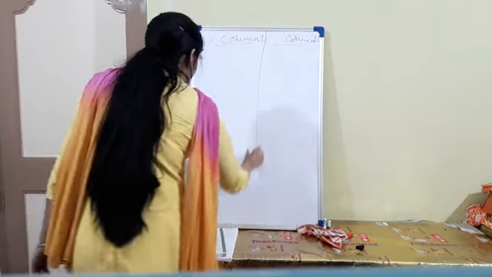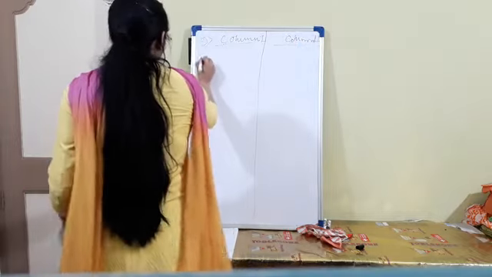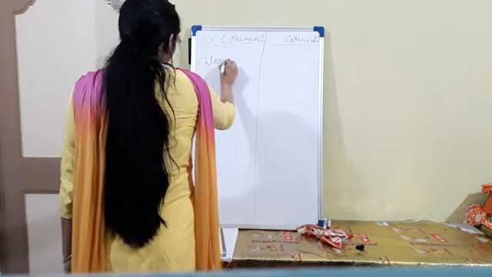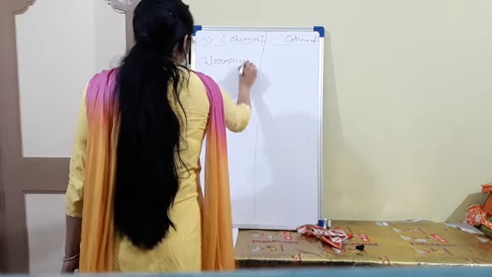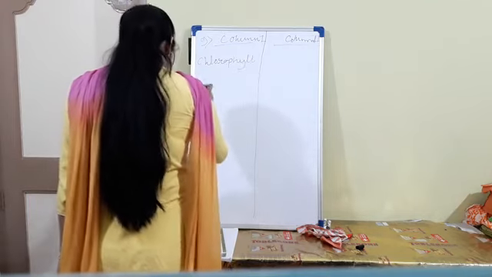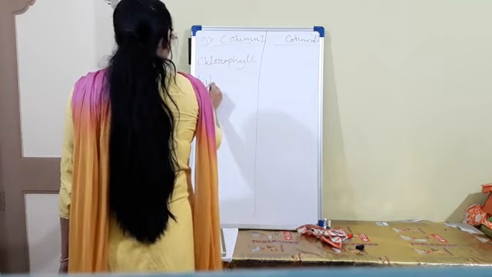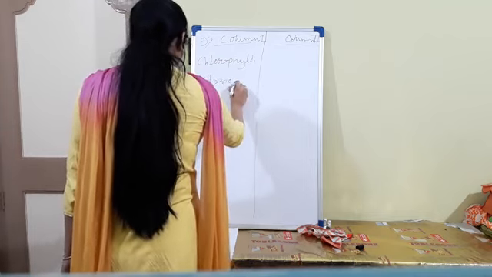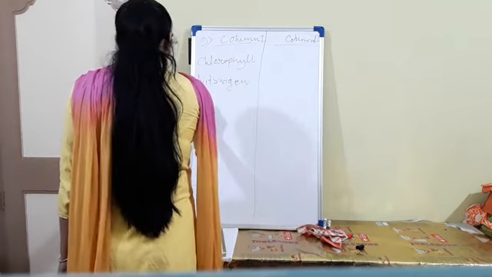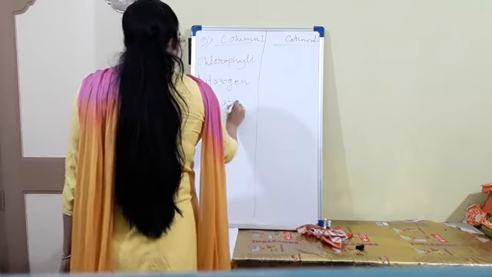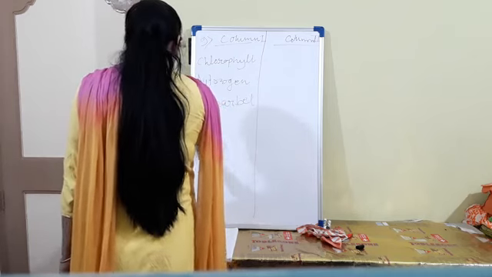You have to match them. First one, chlorophyll. Next one, nitrogen. Next one, Amarvel. Next, animals.